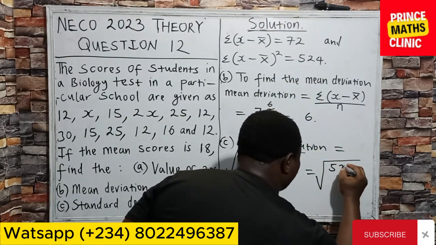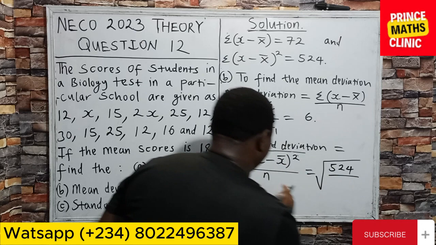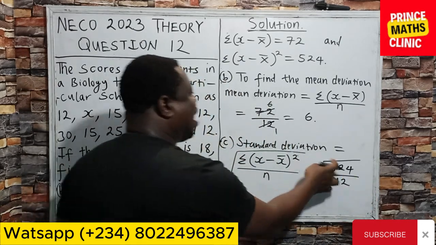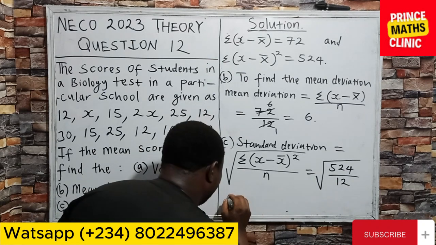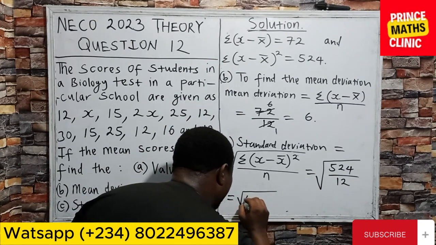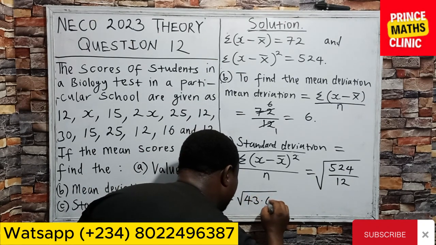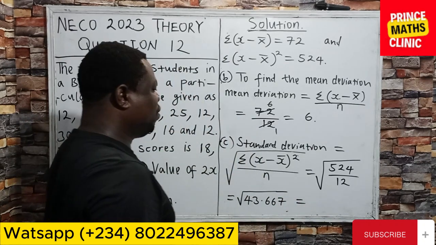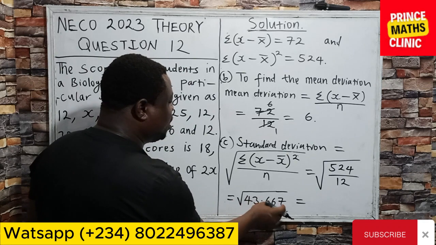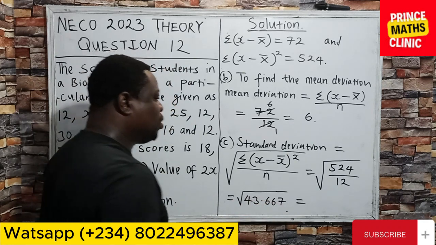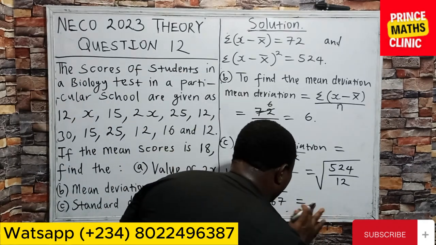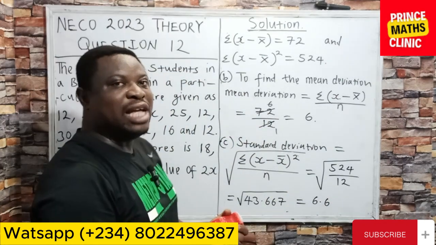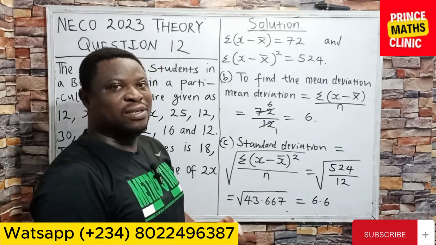Put it as 524. Then n is 12. If you divide 524 by 12, you are going to get 43.667. And if you take the square root of 43.667, you are going to get an approximate value of 6.6. That's what you would obtain.